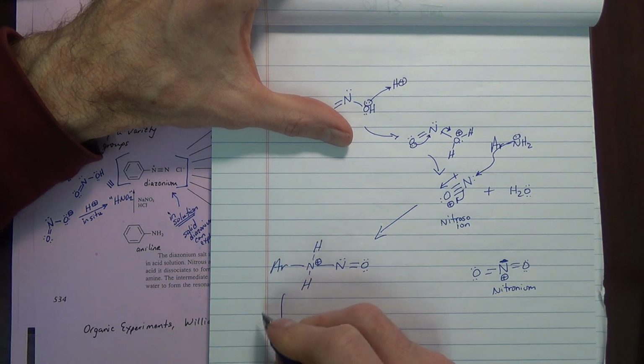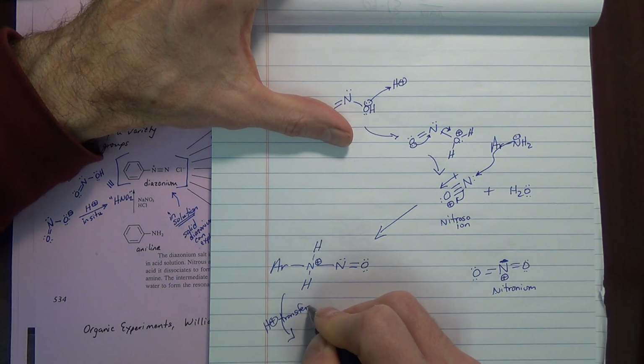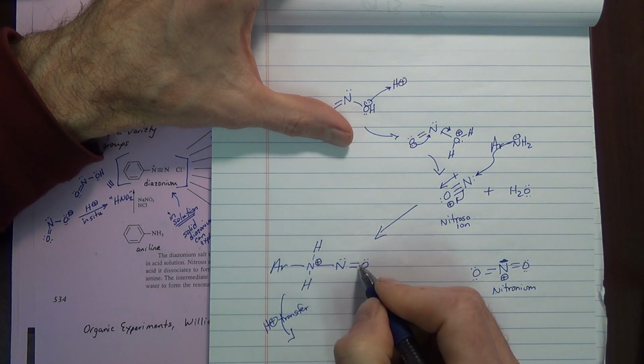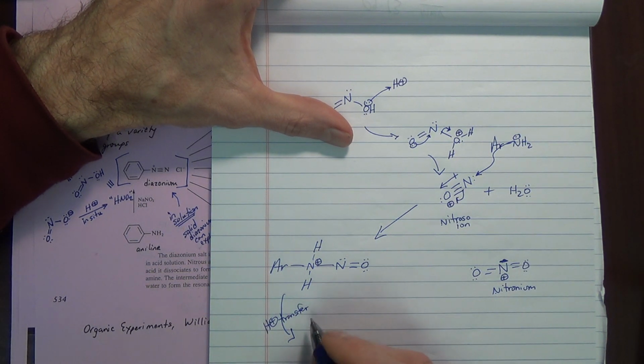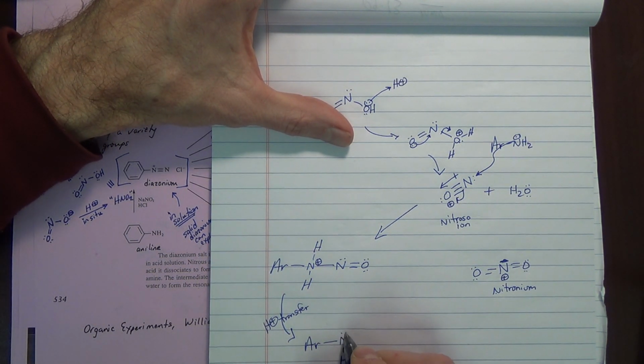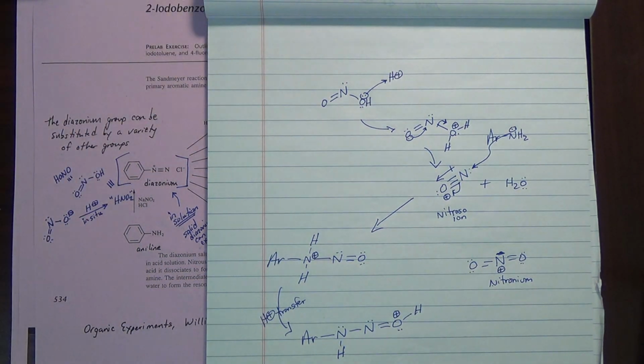Let's do a proton transfer. Now I could take it off here and make this completely neutral and then put it back on the oxygen, but we've also talked about how you can just do proton transfer, and that would give this structure here.